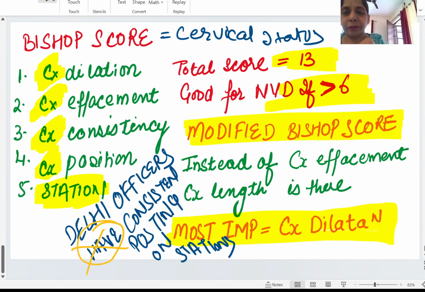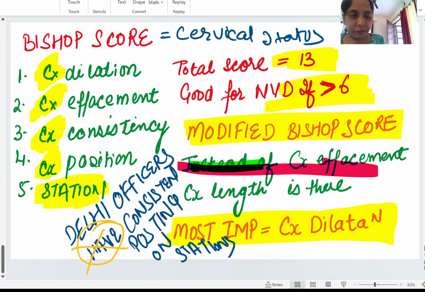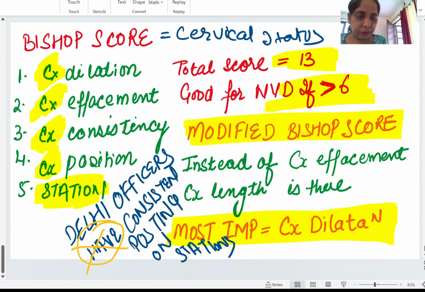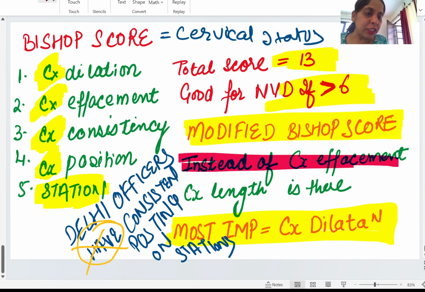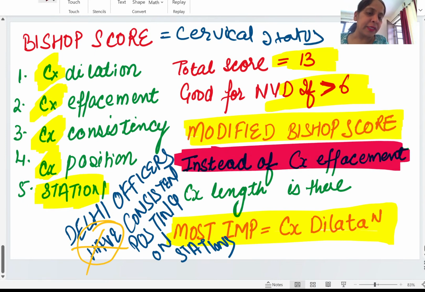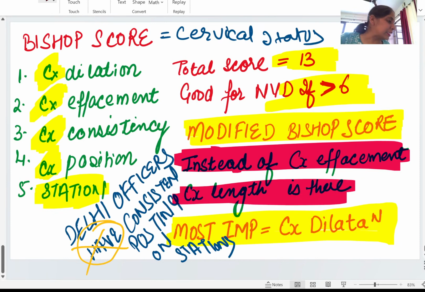Instead of cervical effacement, if we take cervix length, then it is modified Bishop score.